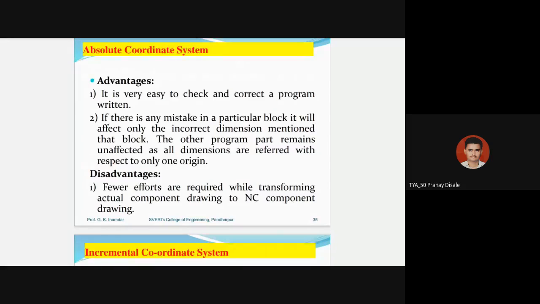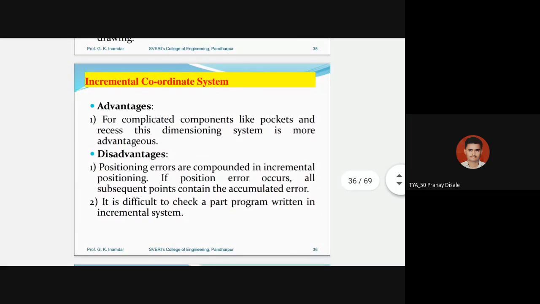Now some disadvantages are there. Fewer efforts are required while transporting the actual component drawing to the NC component drawing. A lengthy program will be there for the absolute coordinate system, because every time we have to consider origin. For that purpose, the program gets lengthy. This is another disadvantage. Now next, incremental. What are the advantages of incremental?